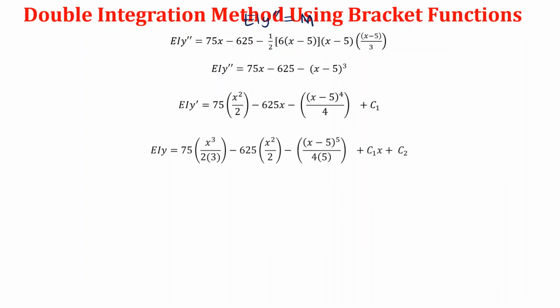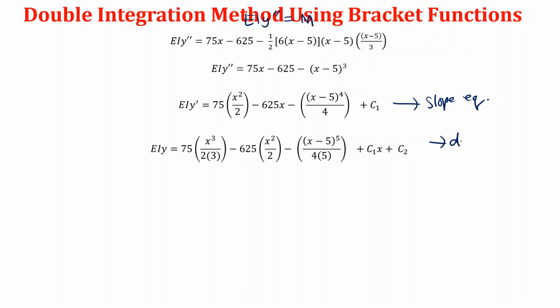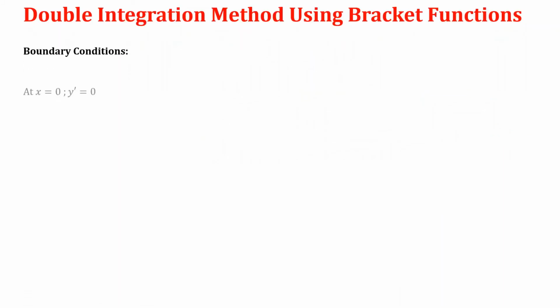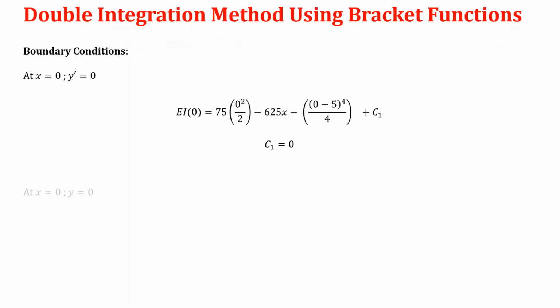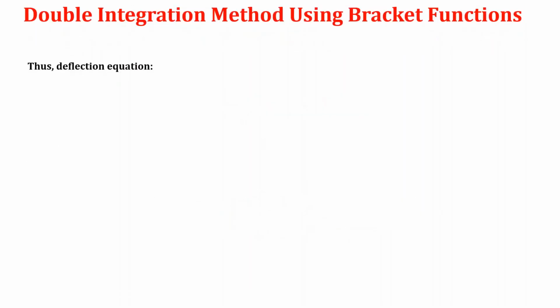So, this is the slope equation. This is the deflection equation. Then, next step, you have to get rid of C1 and C2 by applying the boundary conditions. So, therefore, the final deflection equation is this one.